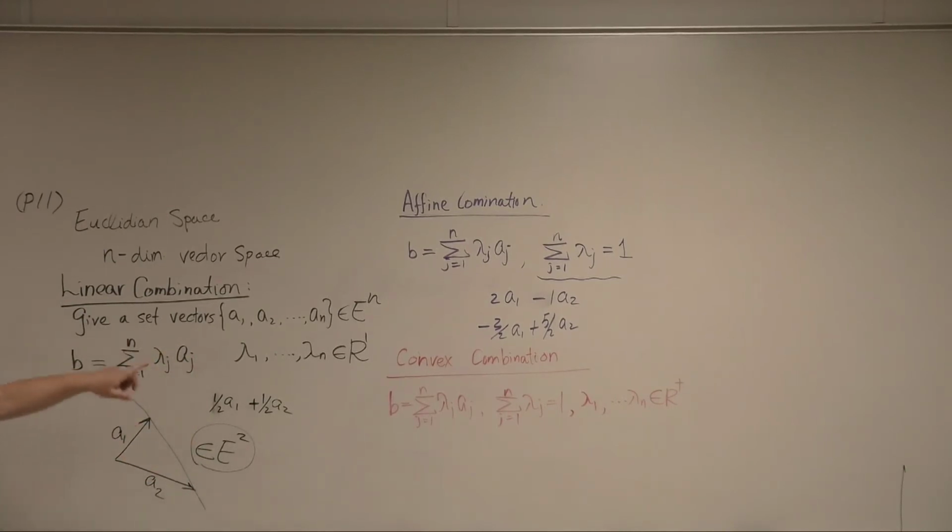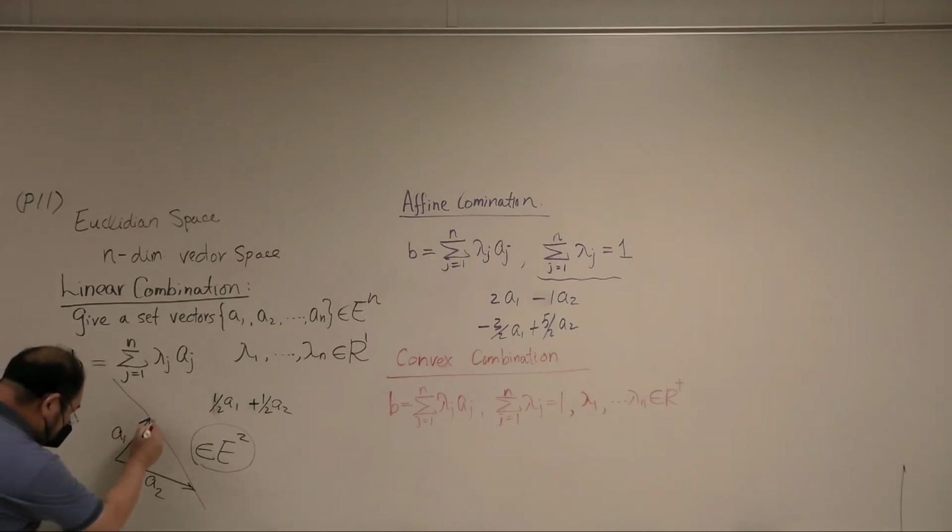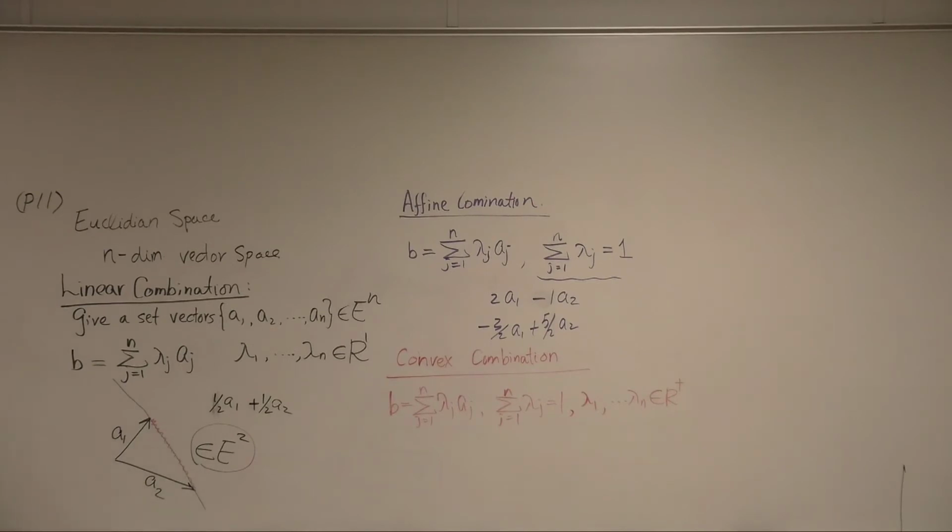Linear combination, correct? Convex combination is what? A subset of affine combination because it's more constrained. Can you tell me on this line which part is the convex combination? The line segment in between these two vectors. Make sense? Kind of?